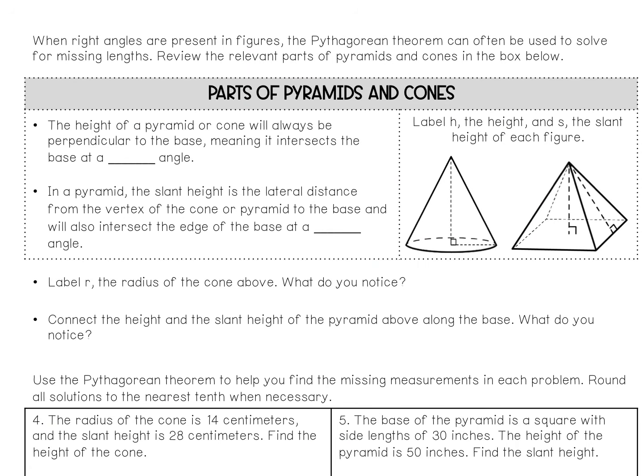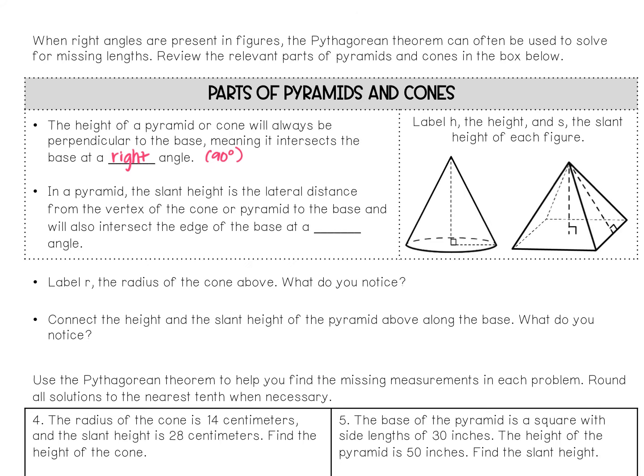Now let's look at the way we might see a 3D diagonal in a cone or in a pyramid. So we know that the height of a pyramid or cone will always be perpendicular to the base. This means that it intersects the base at a right angle, or a 90-degree angle.